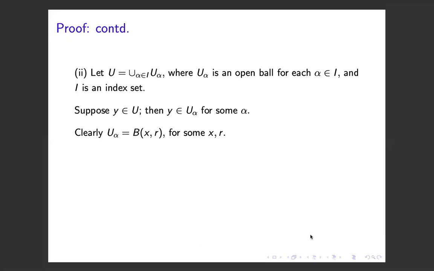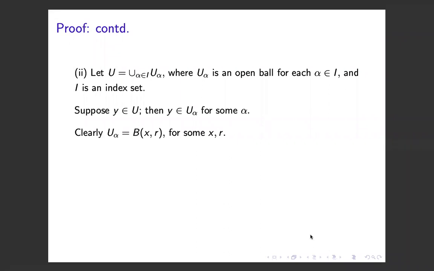Now, suppose we want to prove this statement. The two extreme cases we have taken care of. Now I may be any arbitrary index set, which may have a finite number of points, or a countable number of points, or an uncountable number of points. We don't know. So suppose the point y belongs to U, then it has to be in one of the U alphas for some alpha.